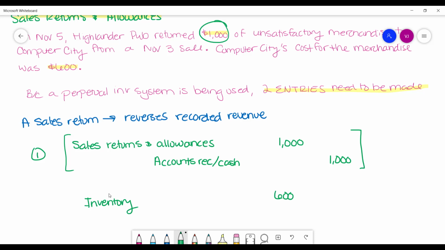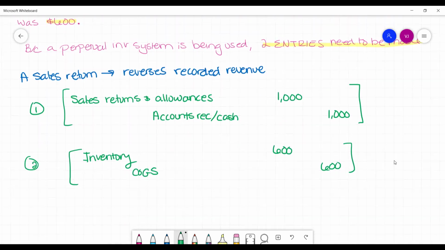So we're going to debit inventory for $600 and credit cost of goods sold by $600 as well. And again, why are we doing this? Because first of all, you had to reverse the revenue, and also now you're putting the inventory back, and since this inventory is no longer goods that are sold, they were returned, we have to reduce cost of goods sold because it actually came back to us.